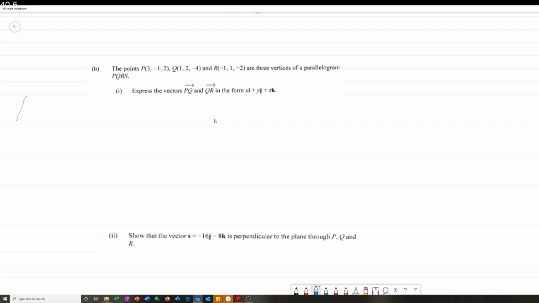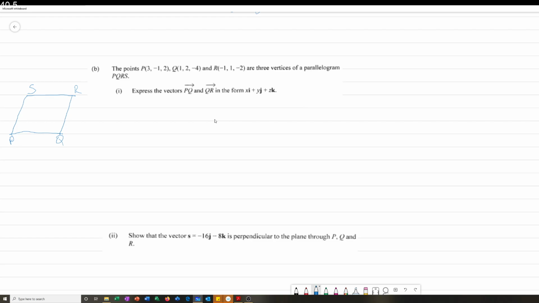So the parallelogram should look something like this. Oh, this is a horrible parallelogram, but that's fine. So we'll say P, Q, R, S. This is normally the convention when you label your diagram. You go in an anti-clockwise direction, so it's P, Q, R, S.